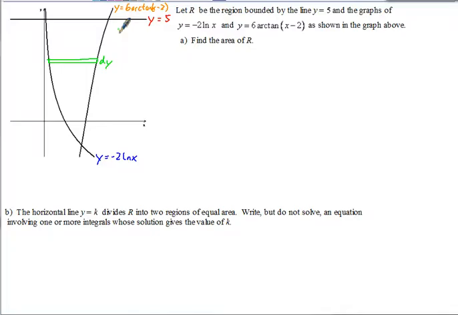So what we do now is, well, we have to find the point of intersection, but since we're doing everything in terms of y, A here represents the y coordinate of the point of intersection. So the integral, well, let's find A first, using our calculator.